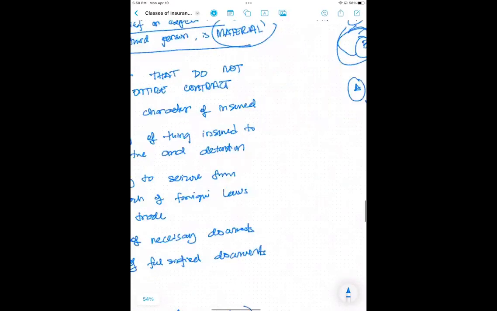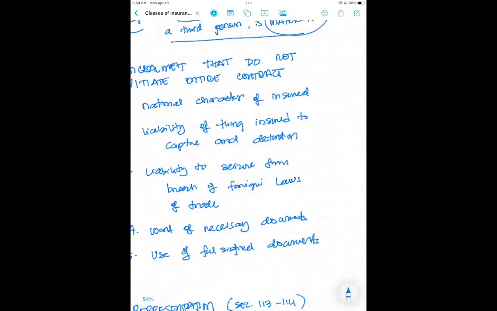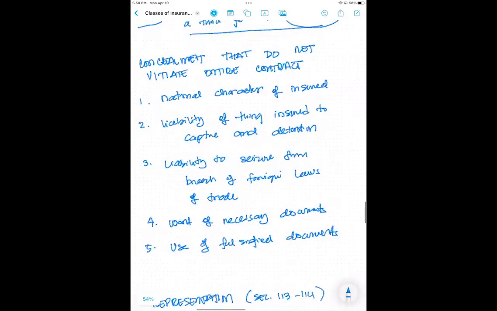Now, in marine insurance, section 112 says that the entire contract will not be vitiated. Concealment in this case will not actually cause the vitiation of the entire contract. It will merely exonerate the insurer if the loss would occur resulting from the risk that was concealed.